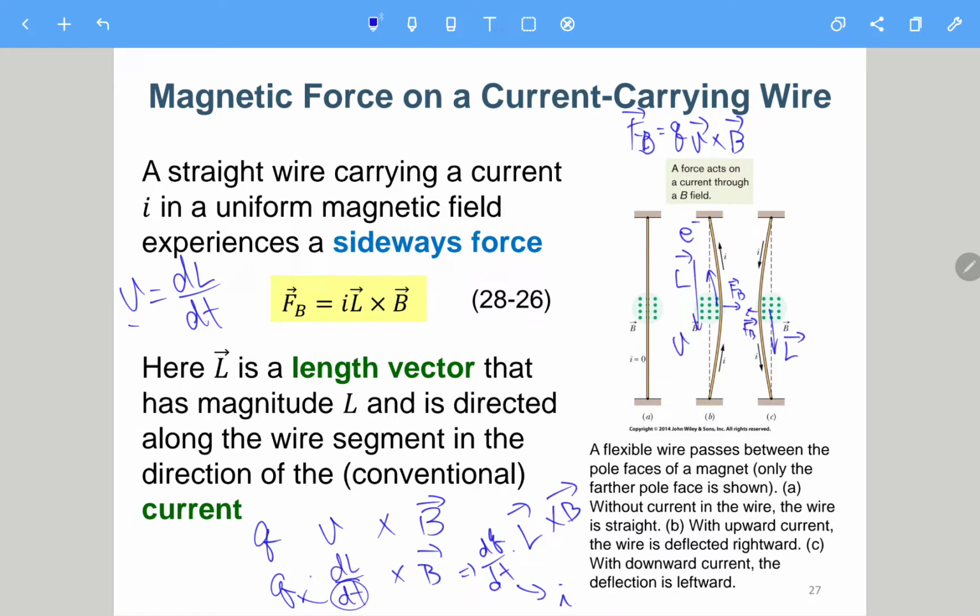So V is pointing to the bottom, and V cross B is pointing to the left side, and it is a negative charge, so it points to the right side. So using the Lorentz force, you can also get the same explanation for this phenomenon. So I also consider this the Lorentz force.